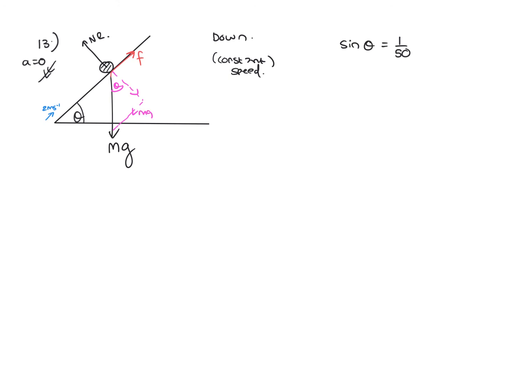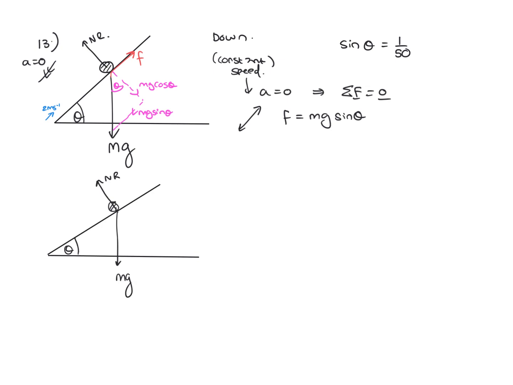So this is mg sine theta, mg cos theta. There's no forward force, it's just a sledge. And remember, constant speed tells me acceleration equals 0, tells me my resultant forces are equal to 0. The forces are balanced. So looking parallel to the slope, that tells me F must equal mg sine theta. So that's the size of my frictional force.